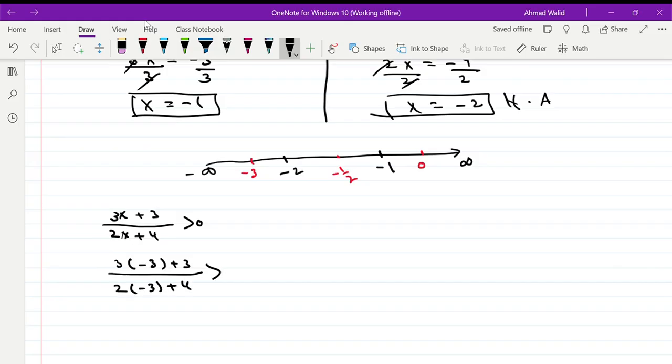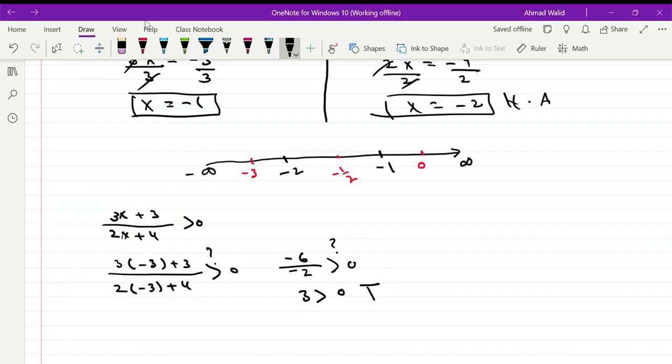Is this greater than 0? We don't know. Let's check it. 3 times -3 gives you -9. -9 plus 3 gives you -6. Over 2 times -3 gives you -6. -6 plus 4 gives you -2. -6 over -2 gives you +3. Is 3 greater than 0?